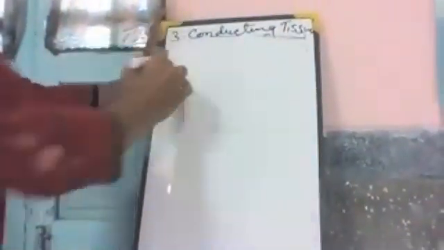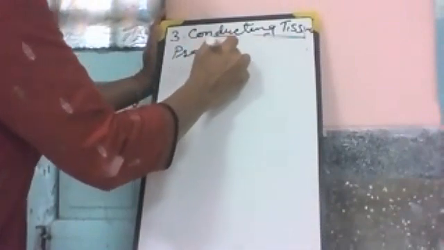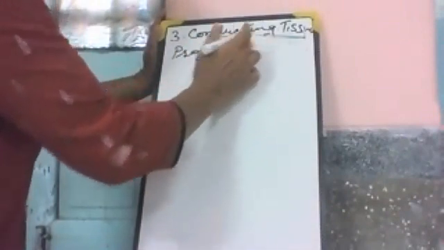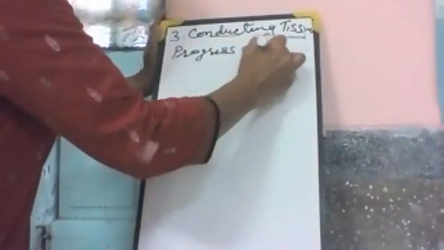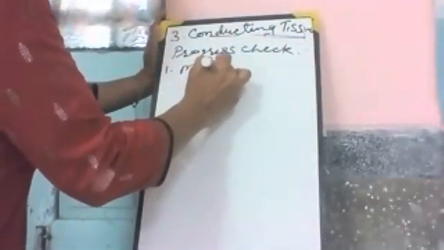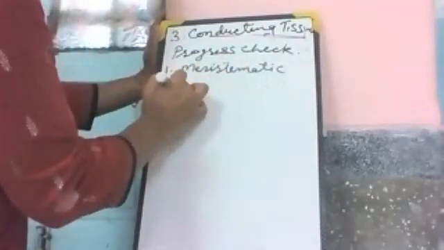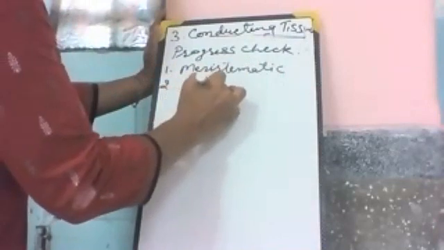Answer 1 of the progress check: meristematic tissue and permanent tissue.